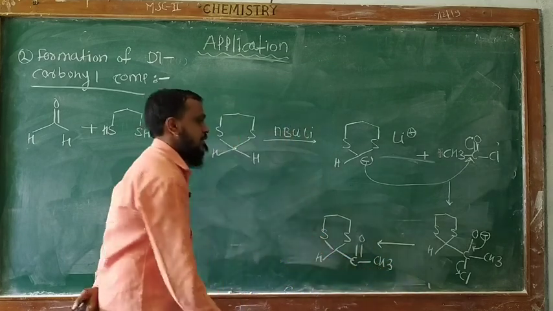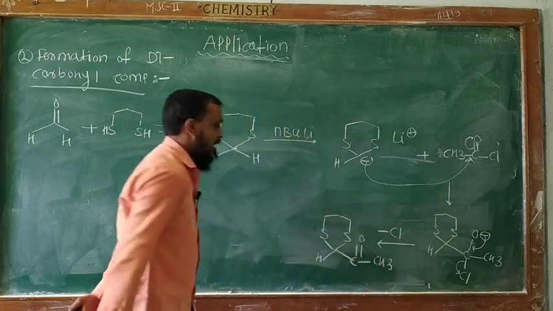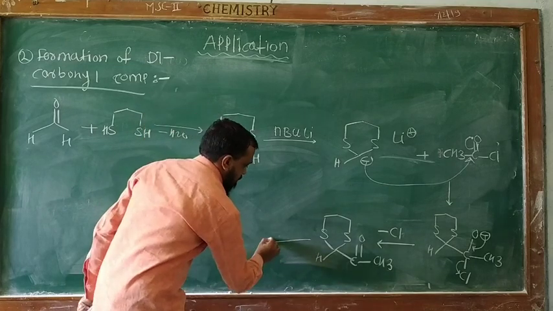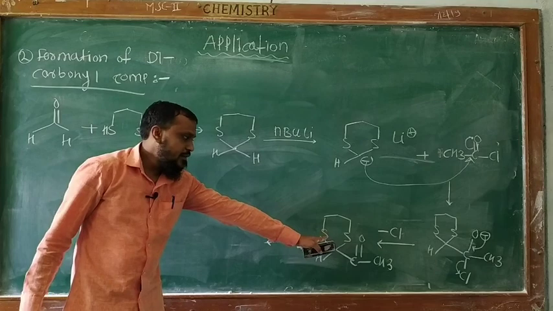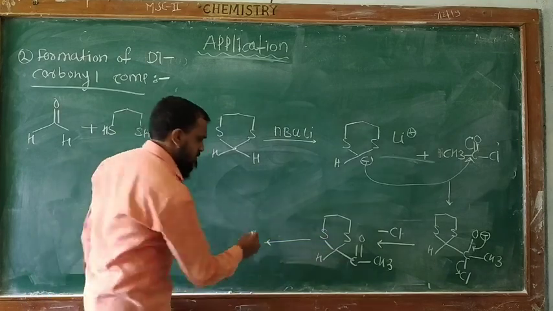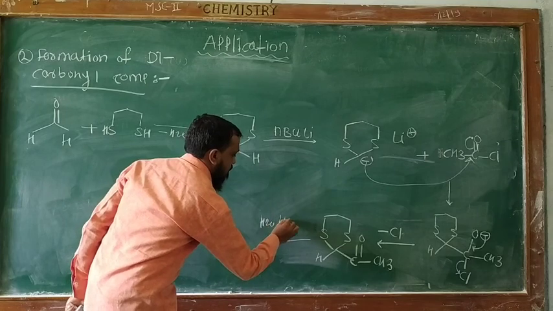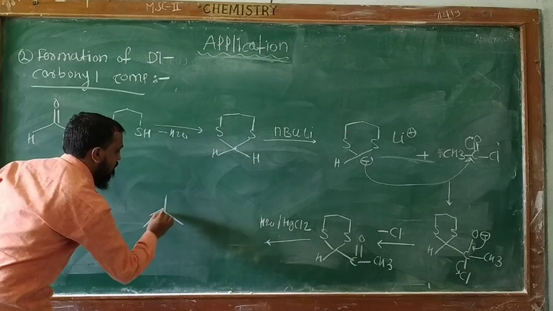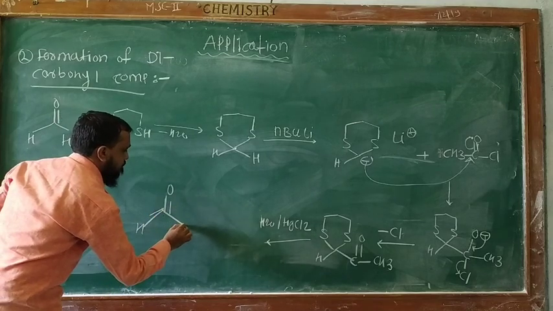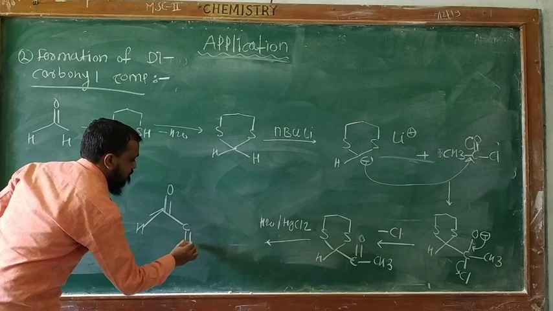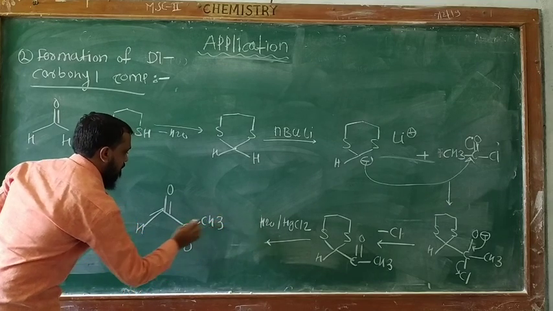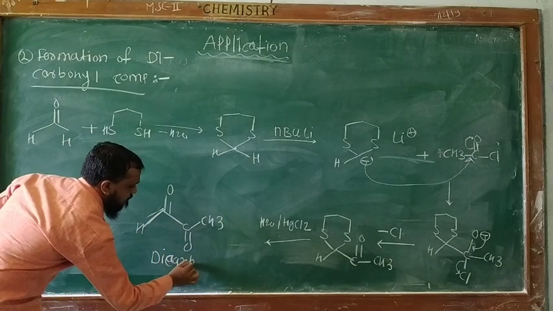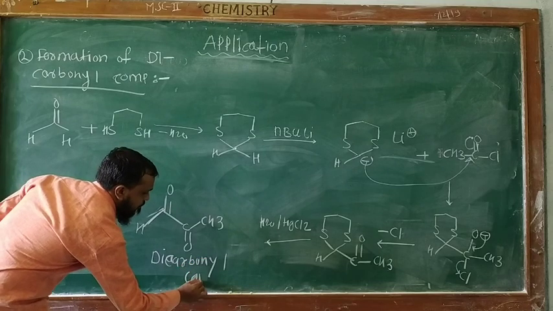Okay, here Cl will be removed. Okay, after this formation of intermediate product, this intermediate product undergoes amalgamated hydrolysis to produce our final product, dicarbonyl compound.